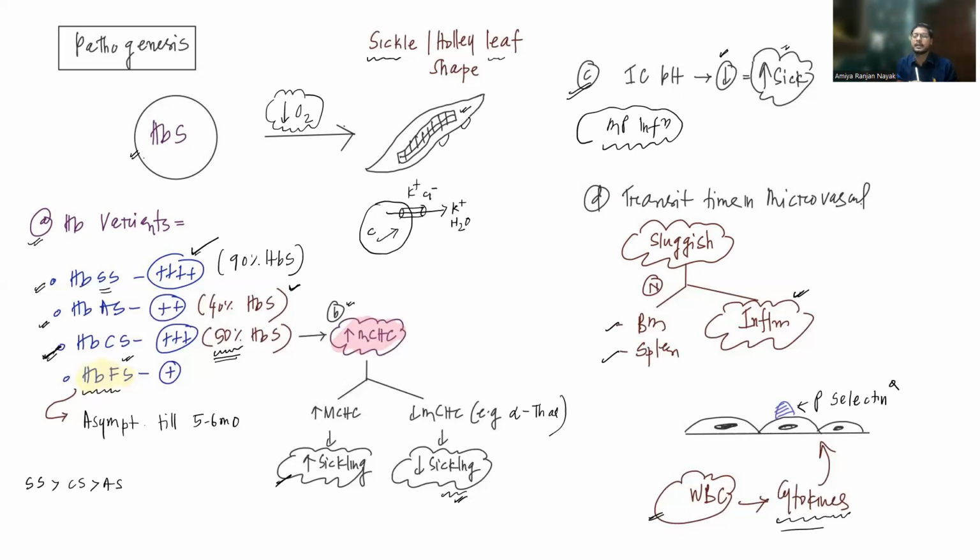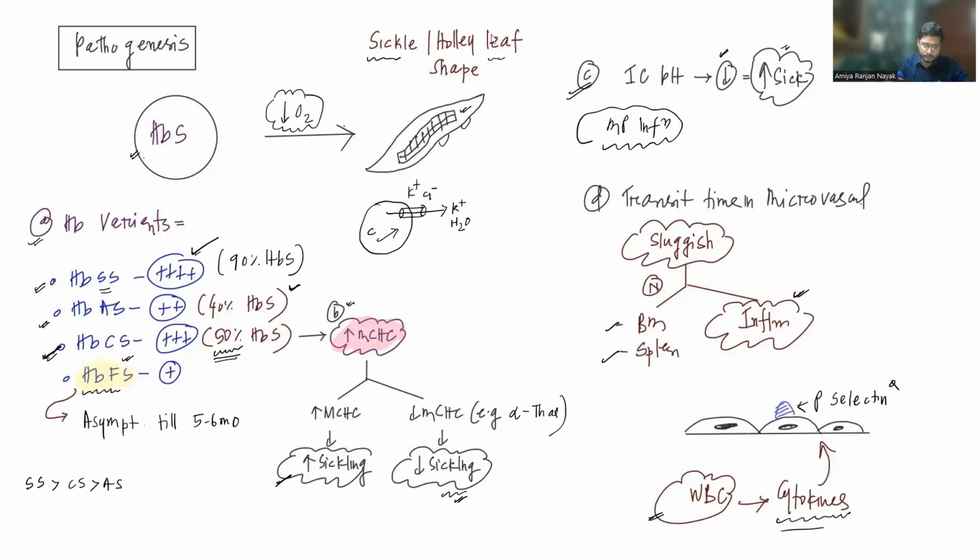This vicious cycle will ultimately lead to complete microvascular occlusion and subsequent infarction of the tissues. Whenever the blood flow is completely occluded, there will be infarction or necrosis of the tissues. Occlusion is a very important complication of sickle cell disease patients. Anyway, we'll discuss that again in the next slide.